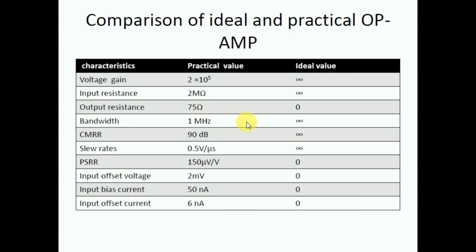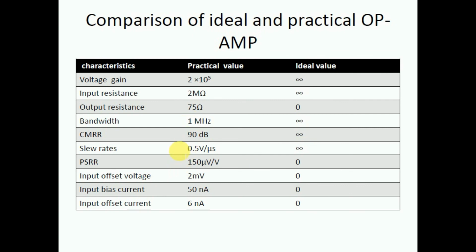You can see in the table that the input offset current is about 6 nanoamperes and the ideal value should be 0. The bias current is 15 nanoamperes and the ideal value should be 0. So that's how it is.